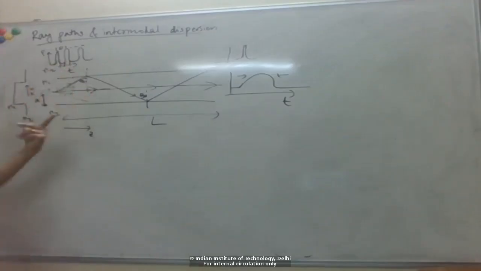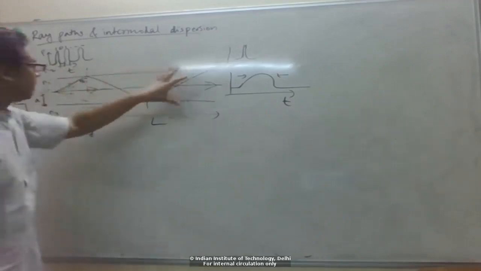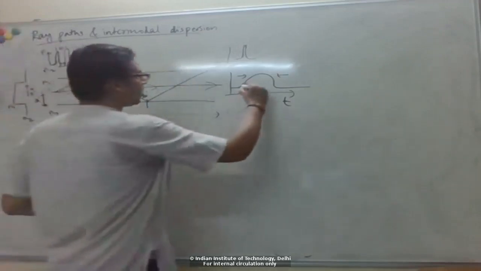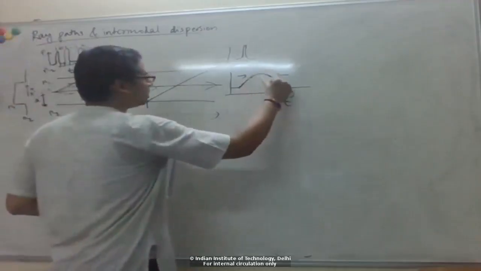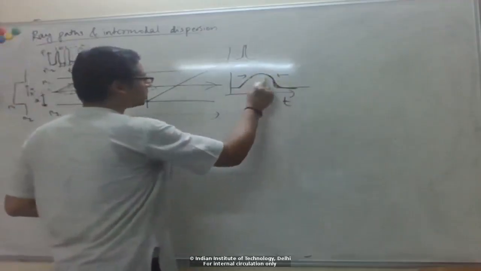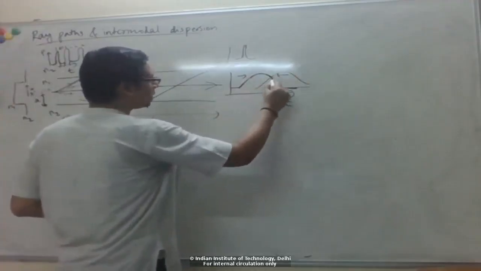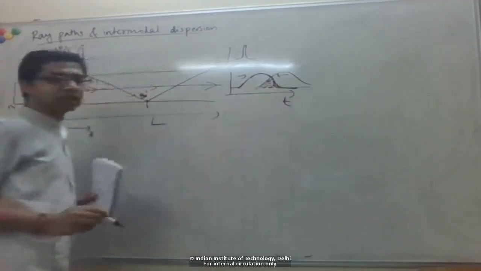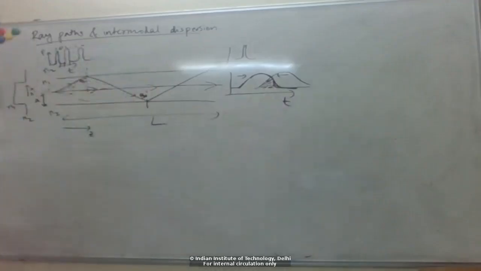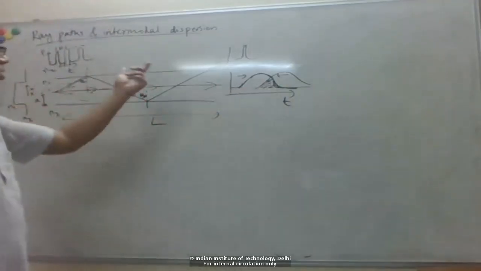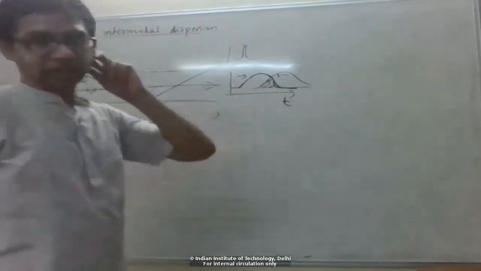So I send a 100 picosecond pulse, but because of this dispersion the pulse broadens out. Depending on how much broadening there is, if you have a next bit right after, the bits will interfere and you'll get errors at the receiving end. This is known as intersymbol interference. So dispersion or temporal broadening of pulses causes intersymbol interference.